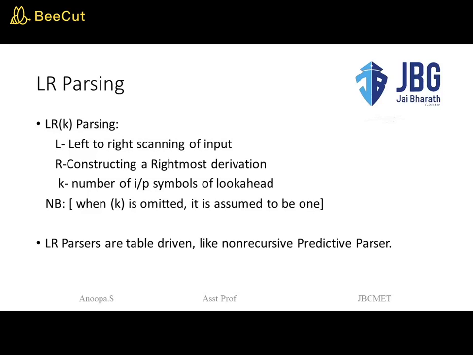That means when we are parsing, how many input symbols we will be considering while we are doing the parsing operation. When k is omitted, it is assumed to be 1. These LR parsers are table driven, like the non-recursive predictive parser.